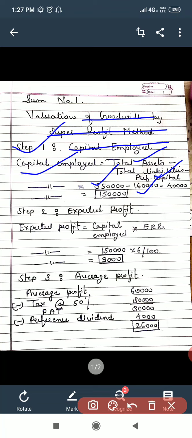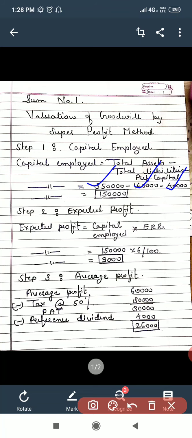That is why, if the preference capital is given in a problem, then while calculating the capital employed, you are going to deduct preference capital too. Here we have preference capital of rupees 40,000. That is why 3,50,000 minus 1,60,000 minus 40,000. How much capital employed have you got over here?